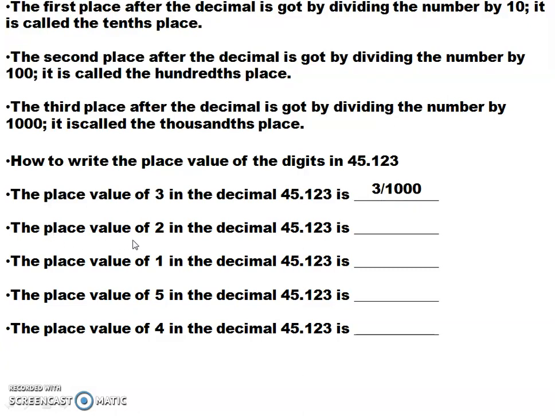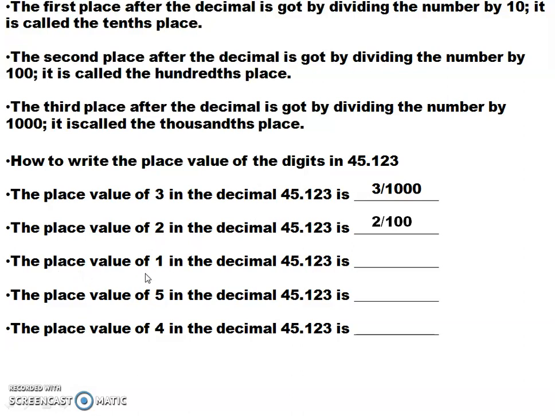Now the place value of 2 in the decimal 45.123. On the left side this is ones, tens. On the right side it is tenth, hundredth and thousandth. So what is here? It is 2 by 100.